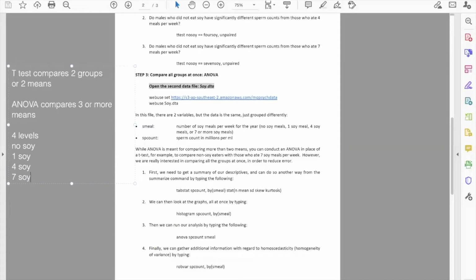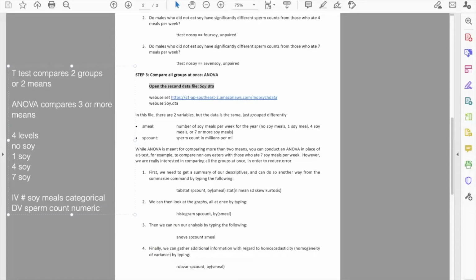Even though we're working with 0, 1, 4, and 7, these are categories of number of soy meals eaten, not necessarily a ratio scale. So the independent variable, number of soy meals, is categorical. And our dependent variable of sperm count is numeric.